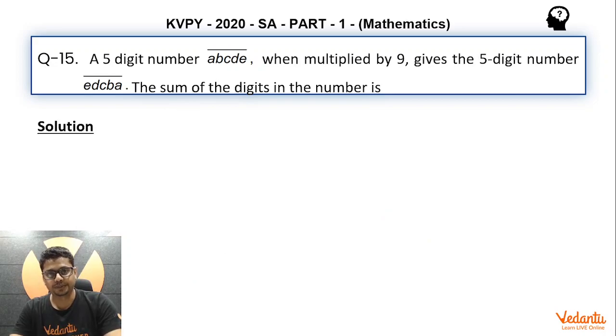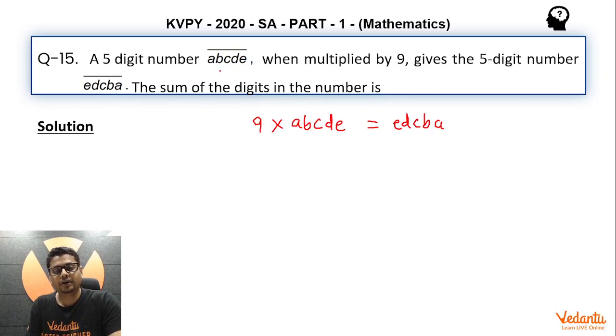Let's solve this question. It is a quite conceptual question where you need to pay attention to the justification that I'm giving. First of all, understand very clearly that when we say 5-digit number ABCDE, that means E is the unit place digit, D is the tens place digit, C is the 100 place digit, and so on.